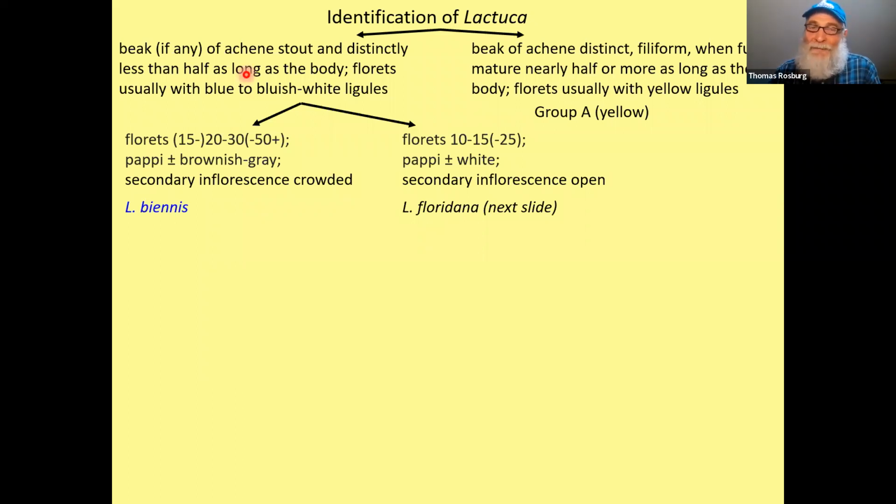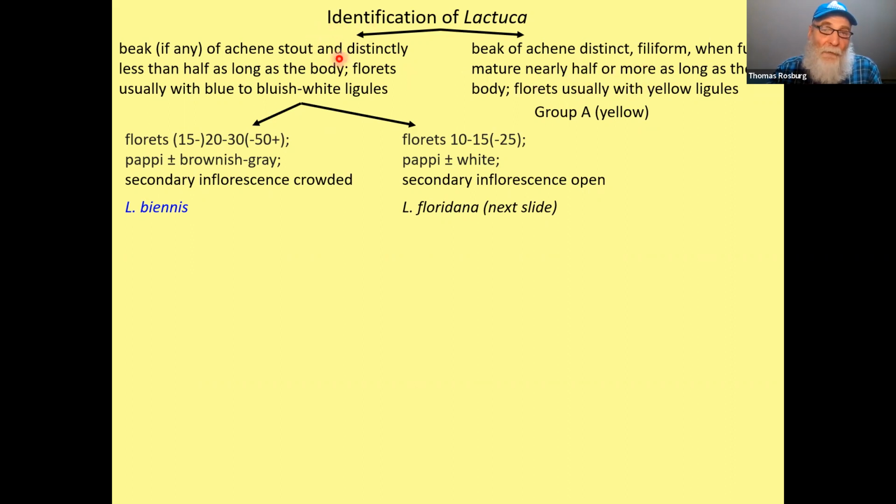It's almost like they don't really even have beaks. Very, very short, if at all. Whereas these over here, the yellow flowered ones, have a very distinct beak. And you'll see that again in some pictures of the achenes or fruits here.